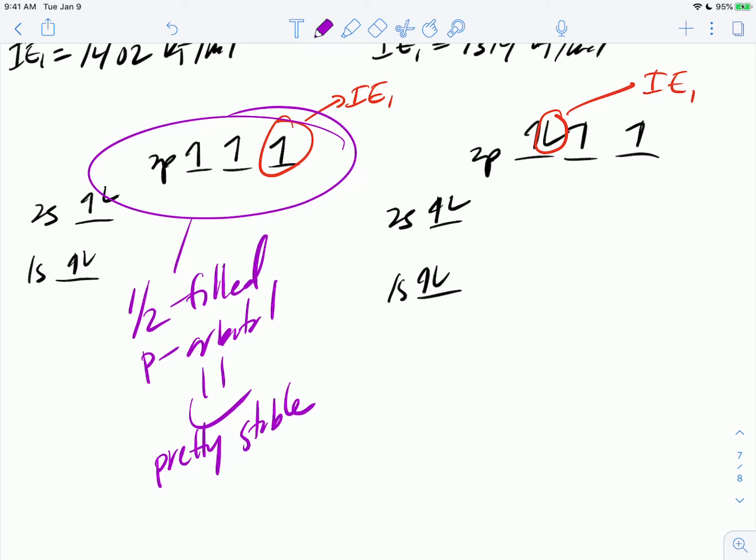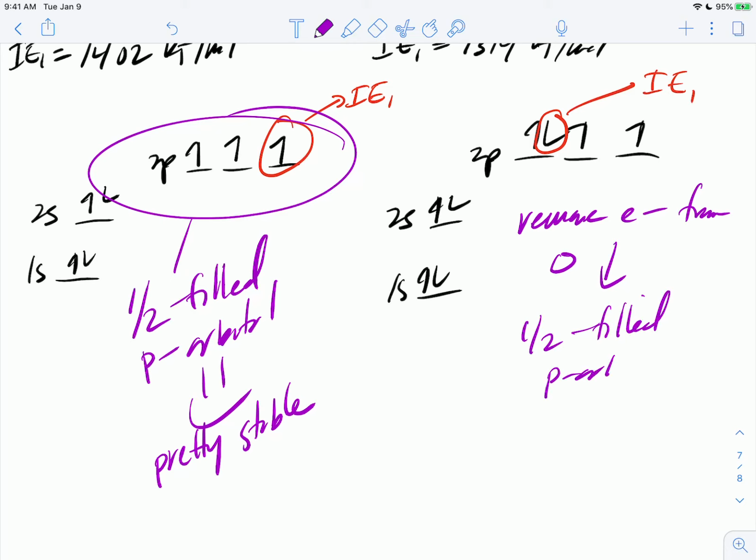Okay. Now, if we remove an electron from our oxygen, it gives us a half-filled p orbital. So it starts off almost half-filled, we remove an electron, and it becomes half-filled.